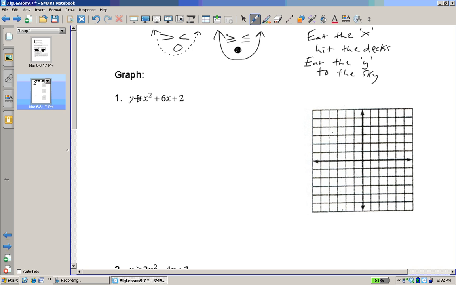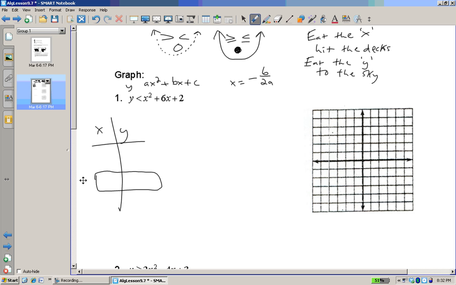Now, we also have to keep in mind that this is following the general trend of y equals something: ax squared plus bx plus c. The standard form still applies, as does x equals opposite of b over 2a, which will form the x-coordinate of my vertex. So first of all, we need to find the x-coordinate of the vertex, which is going to form the center of my table of values and the center of my graph.